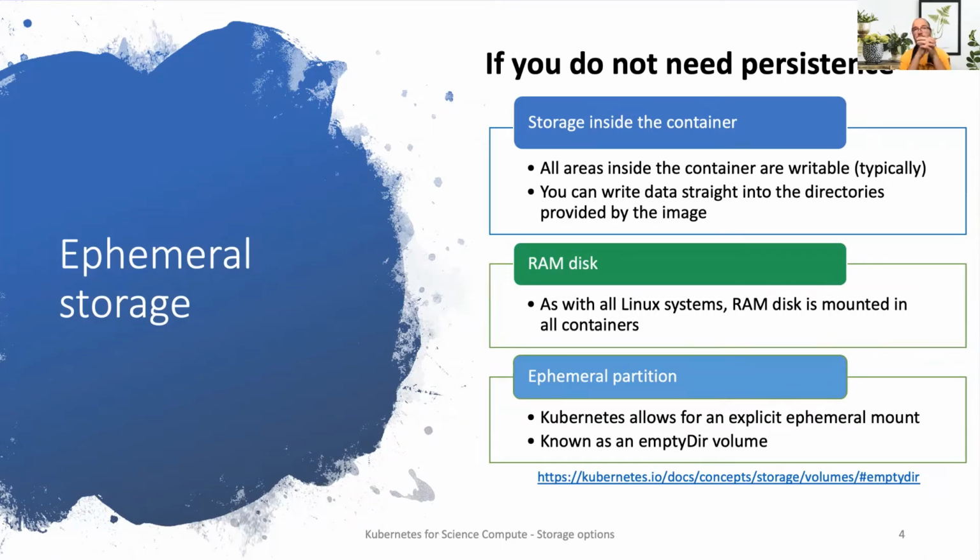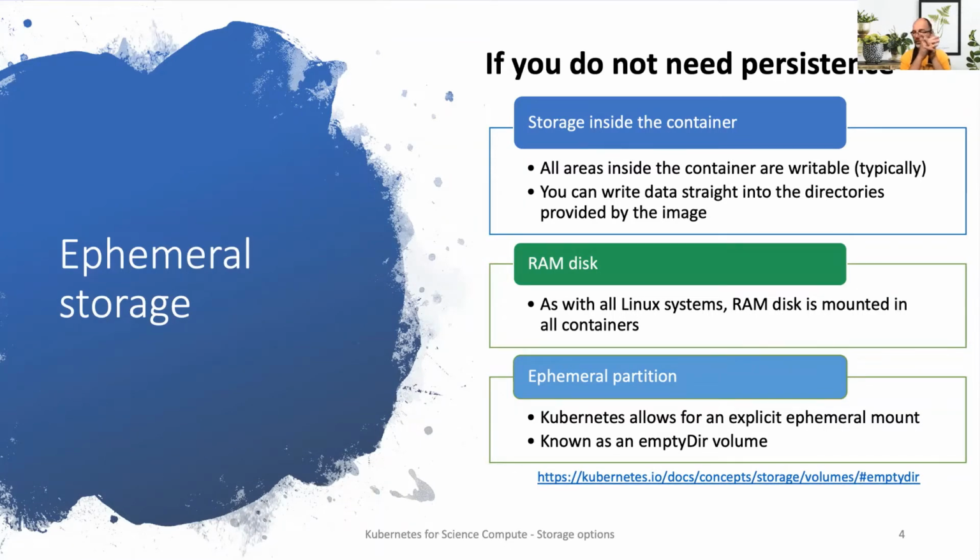You probably have noticed that you have storage inside the container. All or most of the areas are writable on most nodes. And so you can actually write stuff straight into the container. One of the exercises says to do yum install, which will update the same space that the image is in. So you already know that you can write inside the container.